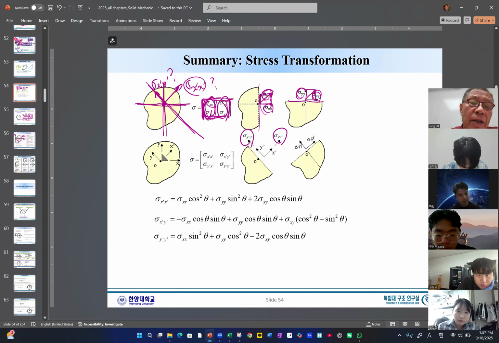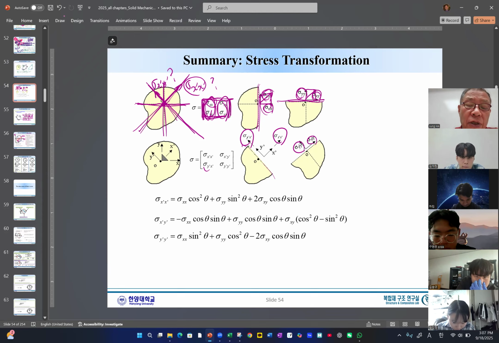And not only that one, but we can also cut along this way, always two orthogonal planes, like this and like that. If we cut here, we have two components. Same thing. So that's the concept of this transformation.